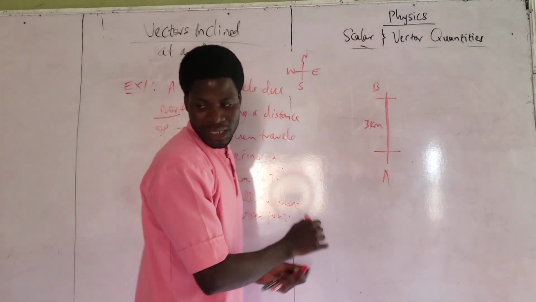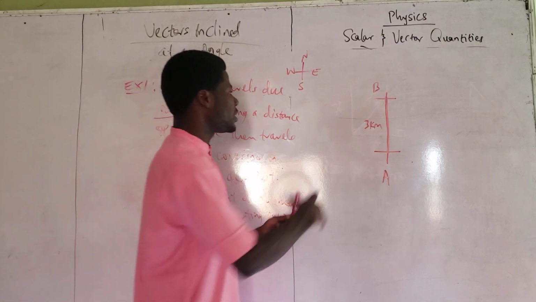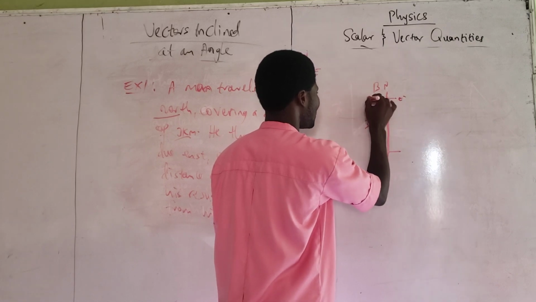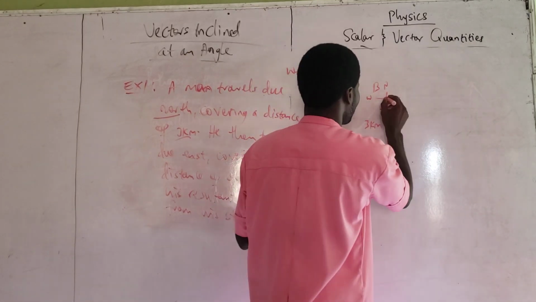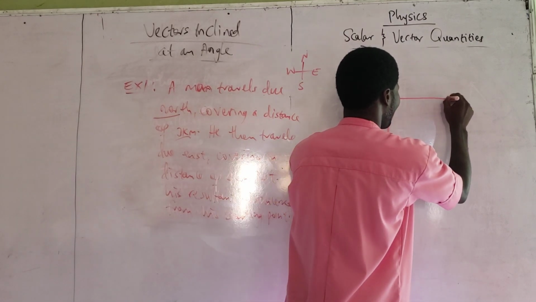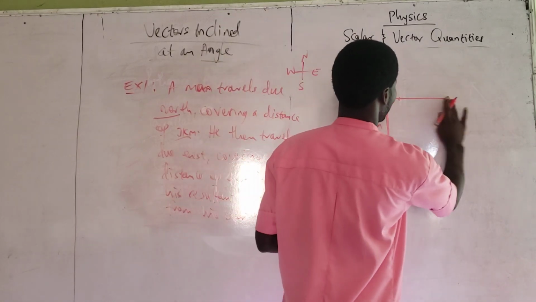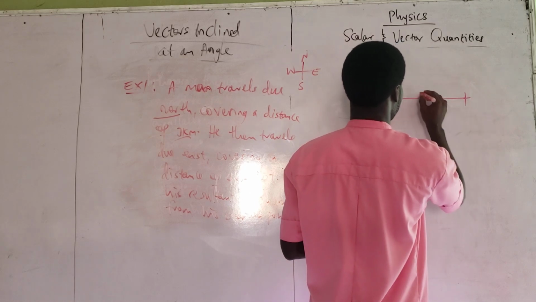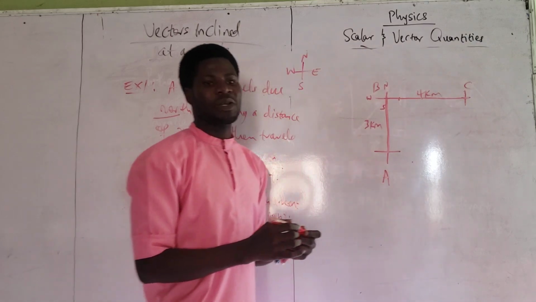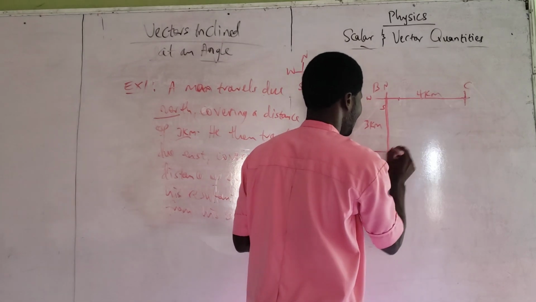He then travels due east, covering a distance of 4 kilometers. This is north, this is east, this is south, this is west. That 4 kilometers will be longer than 3 kilometers, so let me extend it a bit. This is 4 kilometers. This is point C, so this is where he is now. To determine his resultant displacement from the starting point, just take your ruler and join this.